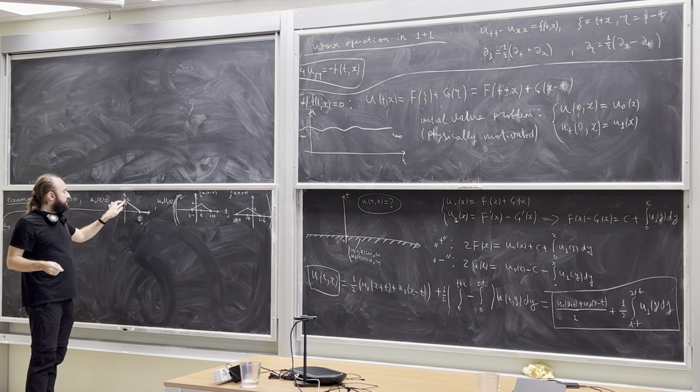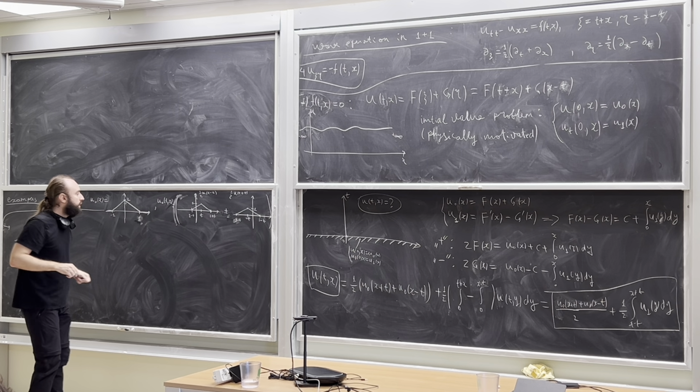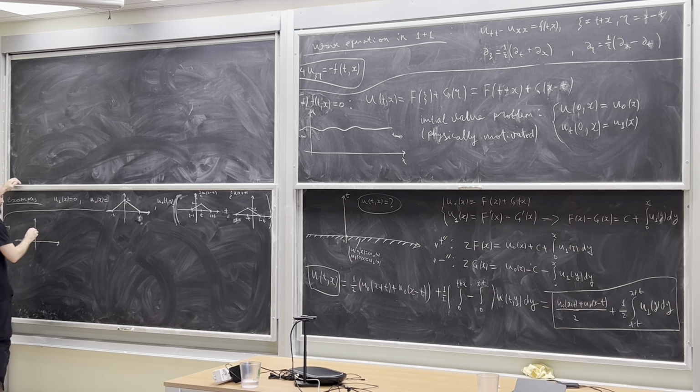So we will have a flat shape, and the value of this function will equal 2 minus 2t.